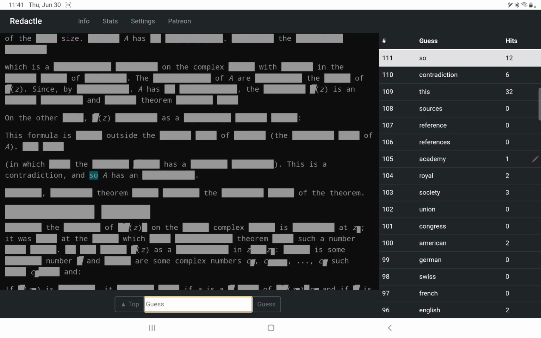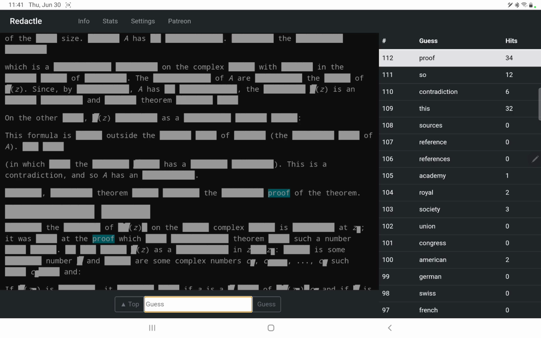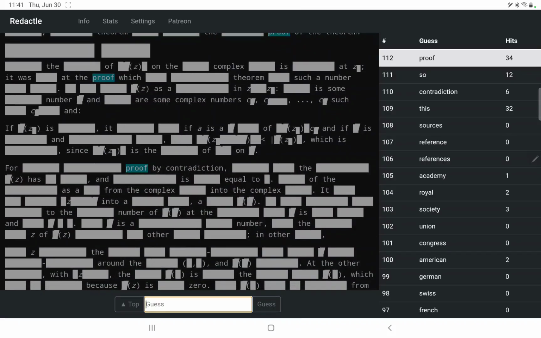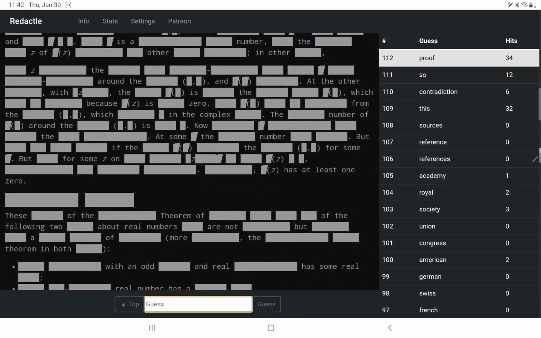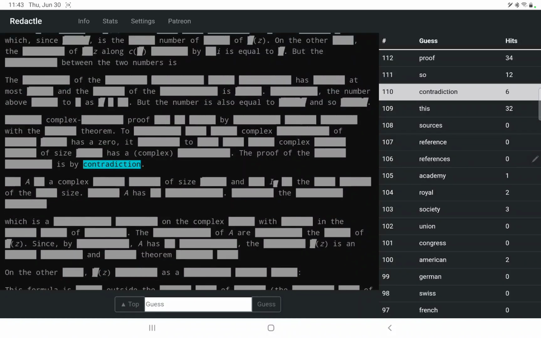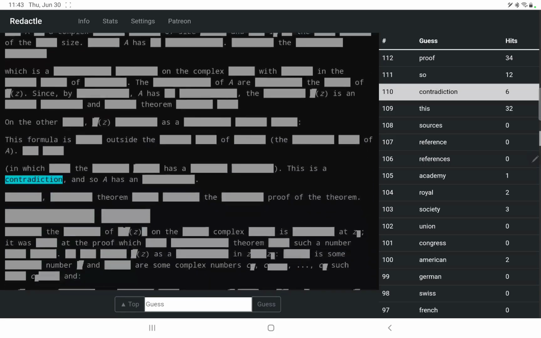So we're probably doing proof by contradiction. Okay. Oh yeah, there we have proof by contradiction. Okay, let's see. So these should all just be this, the proof of the something something is by contradiction.